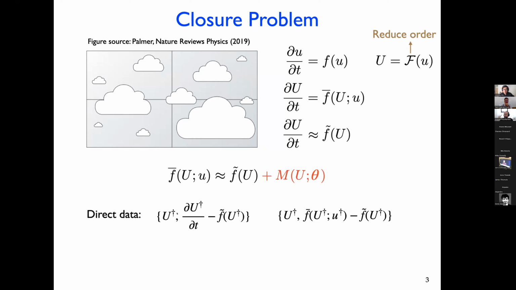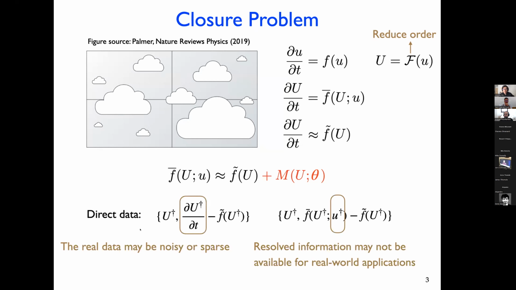But both approaches of getting direct data may have some problems in practice. For example, the real data may be noisy or sparse, which means that the time derivative term here is difficult to obtain accurately.